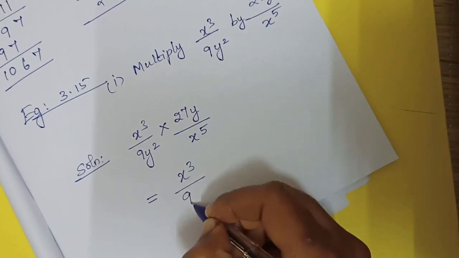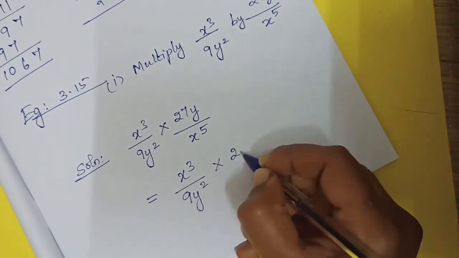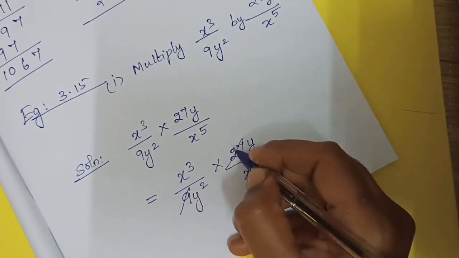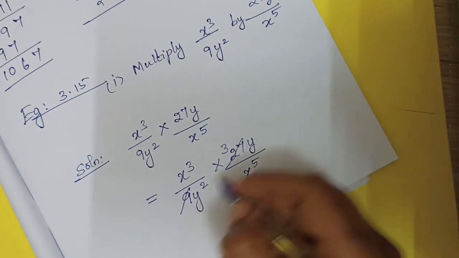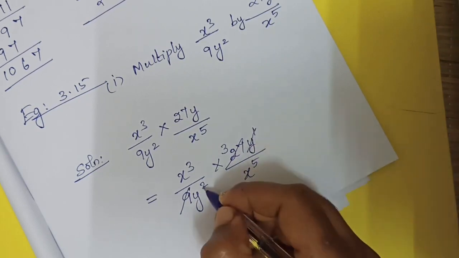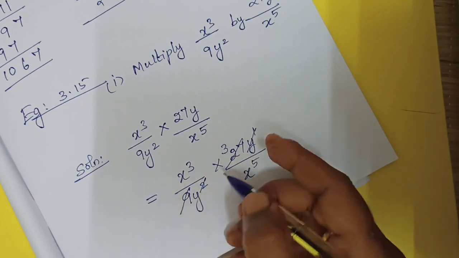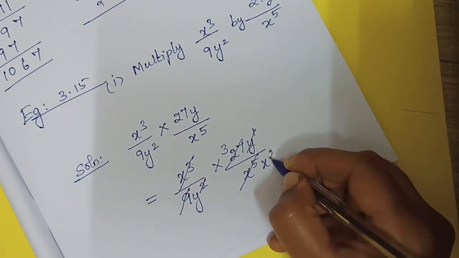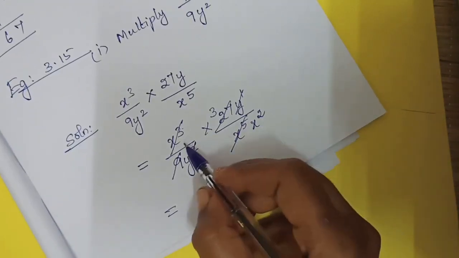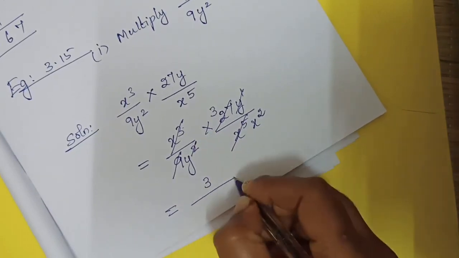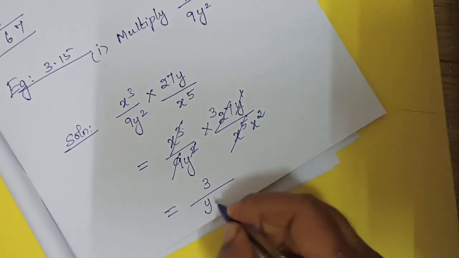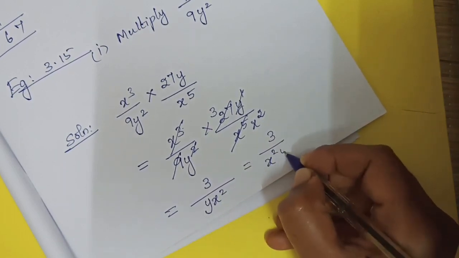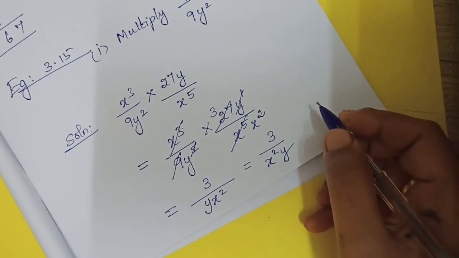So x cube by 9y square into 27y by x power 5. After cancelling 9 and 27, we get 3. Then here 1y and here 2y, so this 1y we can cancel. Here x cube, here x power 5, how many will remain? x square. So what is the answer? Numerator 3 only. Denominator, there is one y and one x square. So the final answer is 3 by x square y. You got the point?